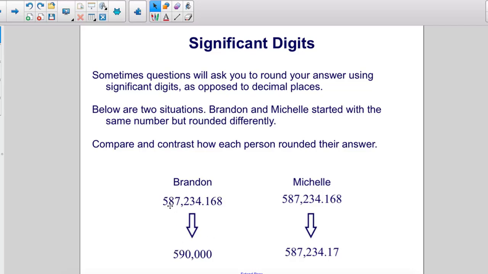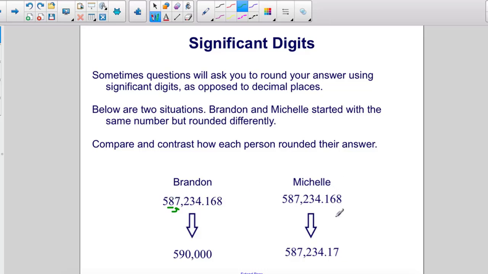So he looks at this number, the second significant figure. He looks to the right, and to the right is 5 or greater, so 7 is greater than 5. So then he rounds this up to 9, and then everything else just becomes a 0. So that's how Brandon rounded to 2 significant figures.